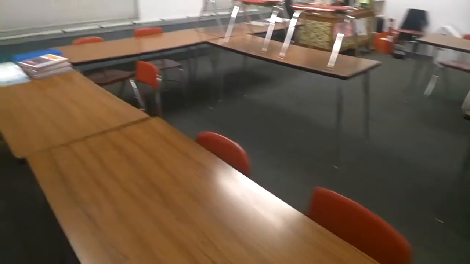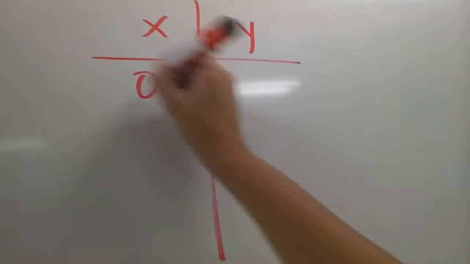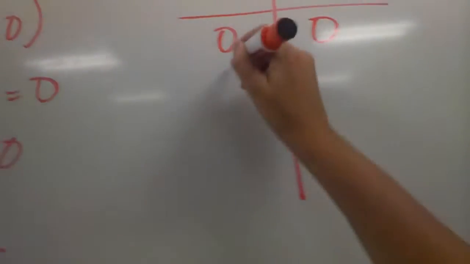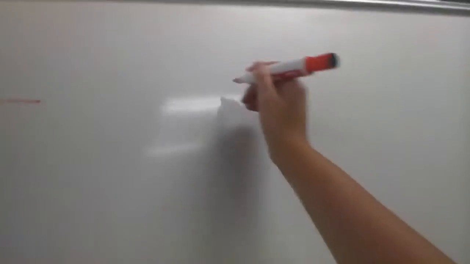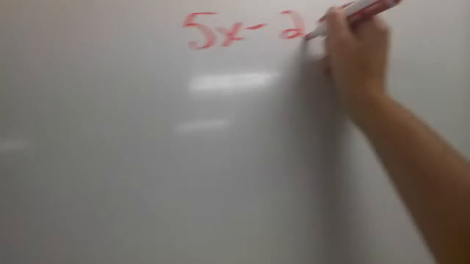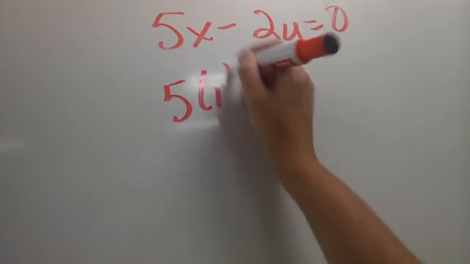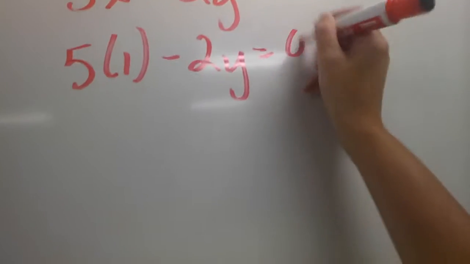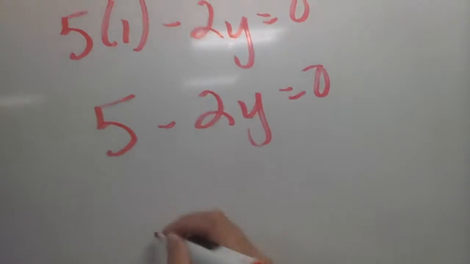So this is where you then go back to x and y. We know it's (0, 0). Let's try 1. So we go back to 5x minus 2y equals 0. So if x is 1, 5 times 1 minus 2y equals 0. 5 minus 2y equals 0.